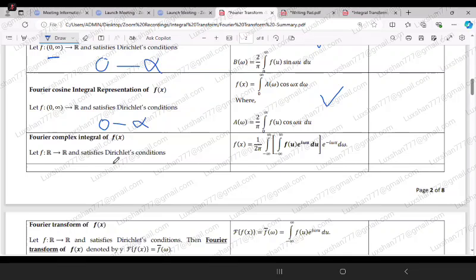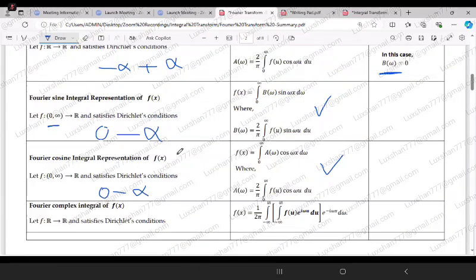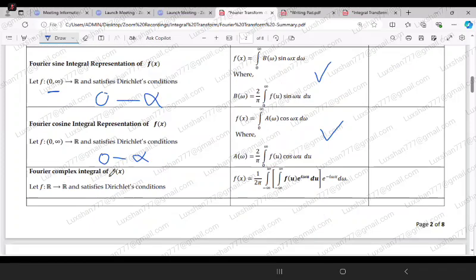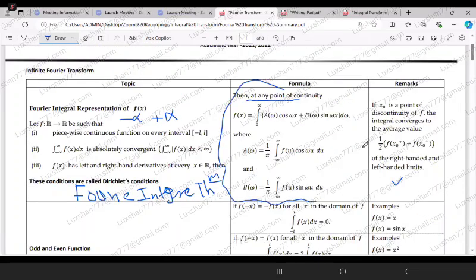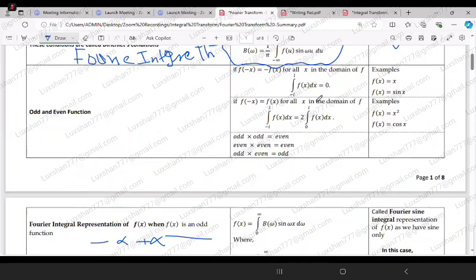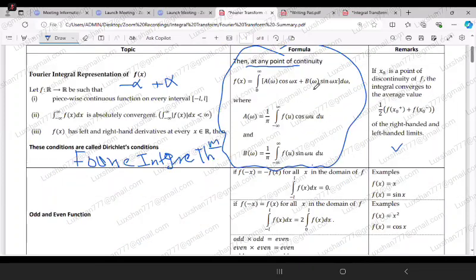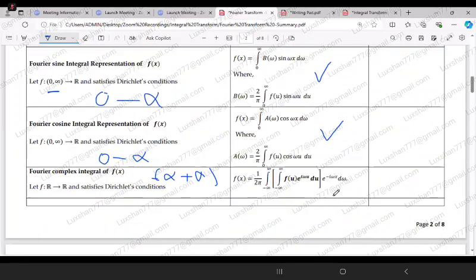Then we discussed the Fourier integral representation. The last one is also minus infinity to plus infinity. The first one can be written in this form, the same thing, where the trigonometric functions are replaced.